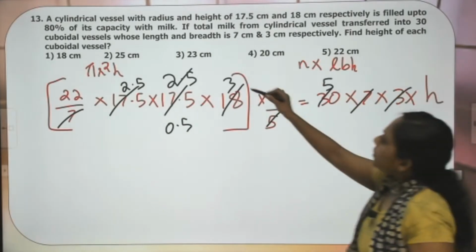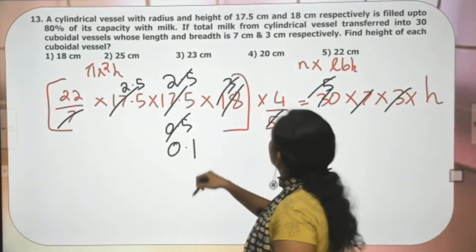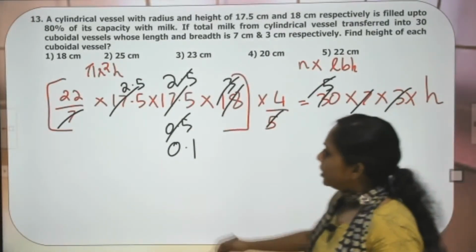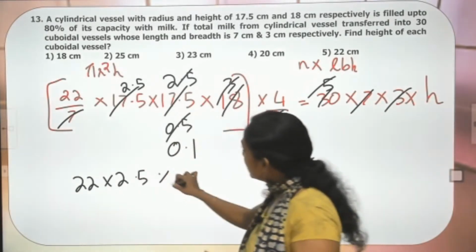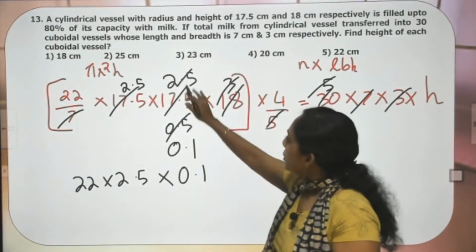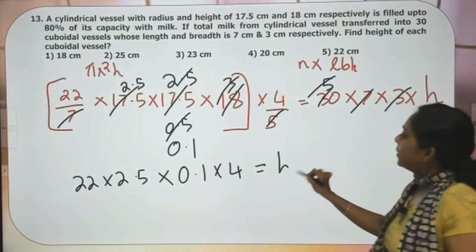Next, 3 you can cancel. Next with this 5 this is 0.1. So now what is left? 22 into 2.5, into 0.1, into 4 is equal to H. I am writing it again so that it is clear for you.